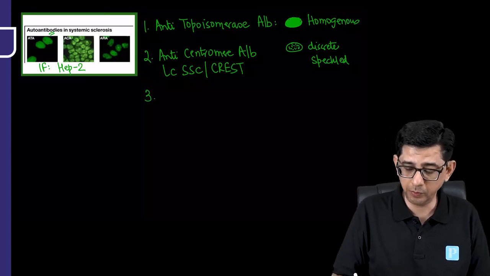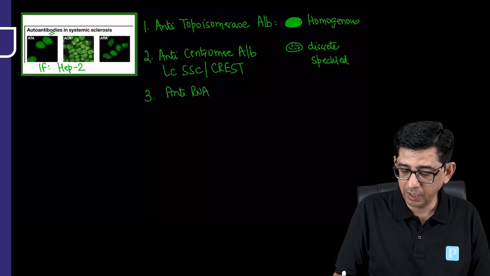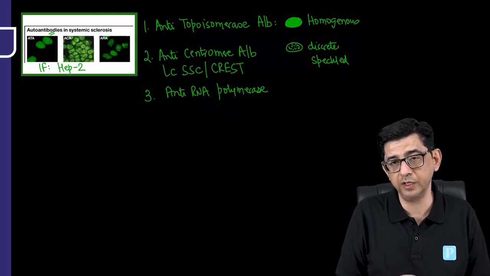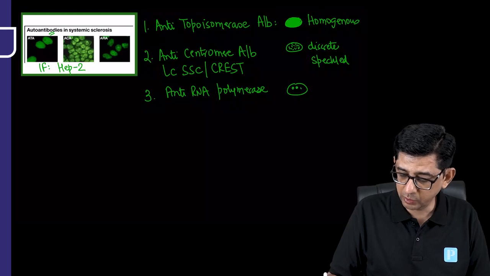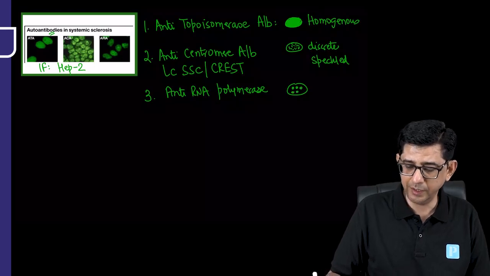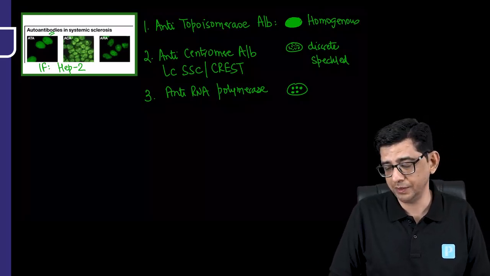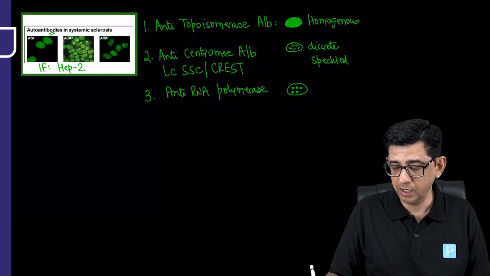The third antibody to be remembered would be called anti-RNA polymerase 3 antibody. For this one, the immunofluorescence study pattern would be slightly different in a sense that we'll call it a speckled nucleoplasmic pattern. You will notice that the dots that I'm showing are identical to what I drew superiorly, but this time I've shown them relatively of a thicker caliber as compared to the discrete speckled pattern that I've shown superiorly.